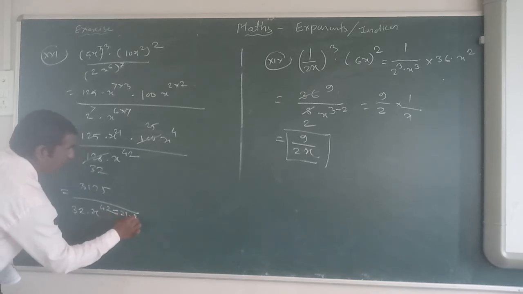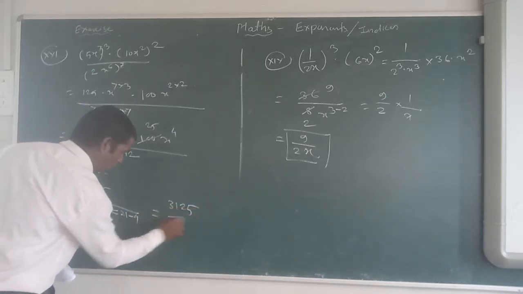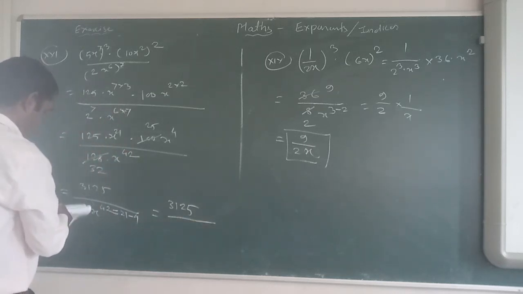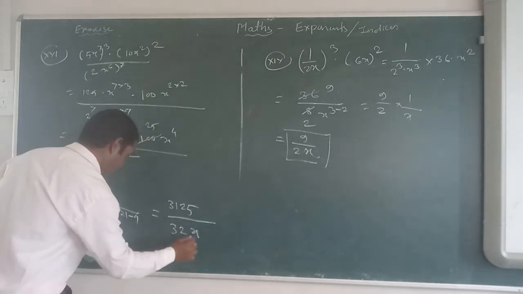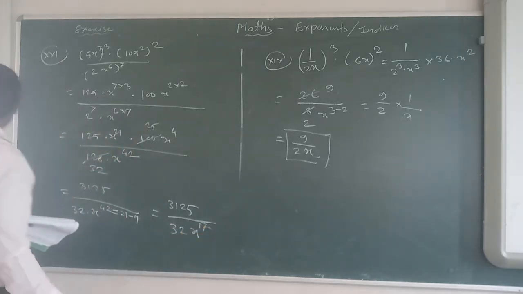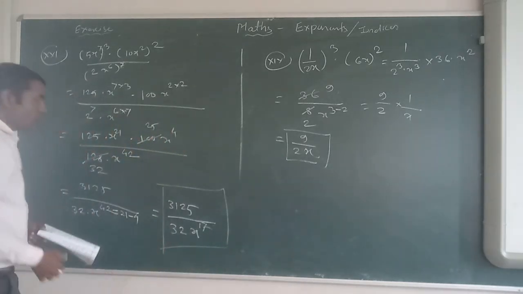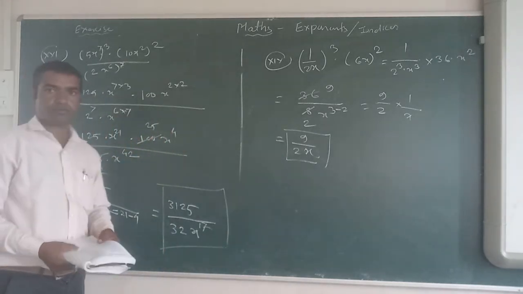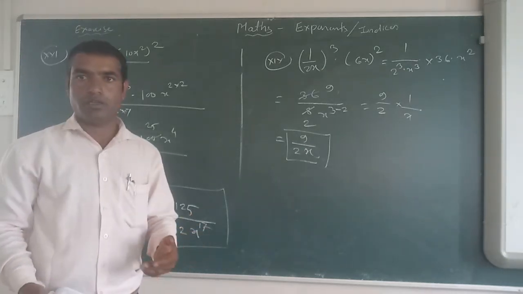Minus 21 and minus 4 equal to 3125 upon 32 x raised to 17. So this is your final answer. Okay, so like that, the remaining part we will see in the next video.